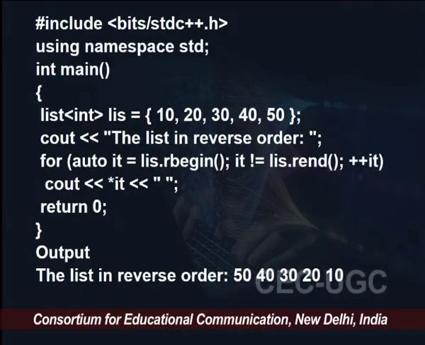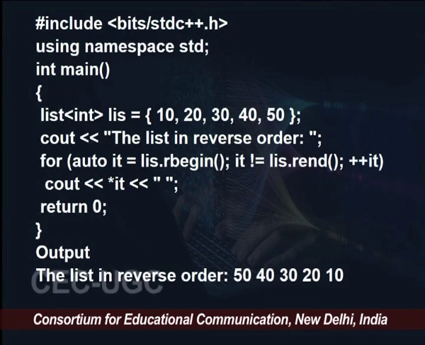So, starting from rbegin, 50, till rend, we have printed the list in reverse order. By this example, I am sure that you are clear on rbegin, and I am going to cover rend just now. But before going into rend functionality, the list in reverse order is printed as 50, 40, 30, 20, 10.